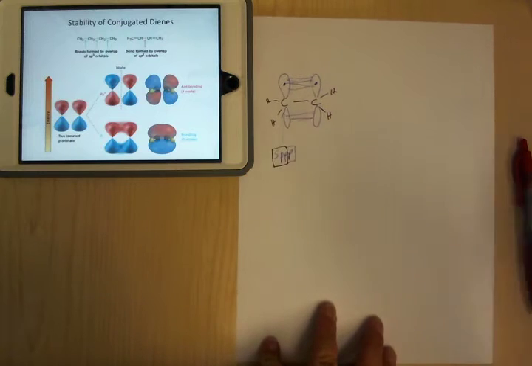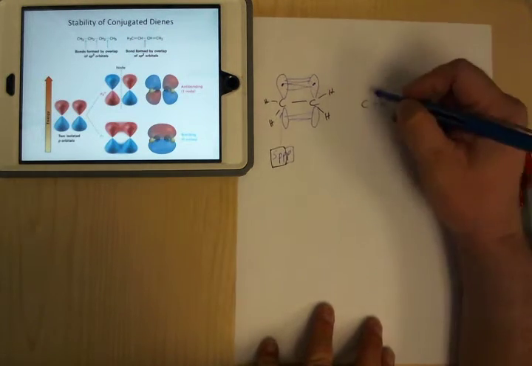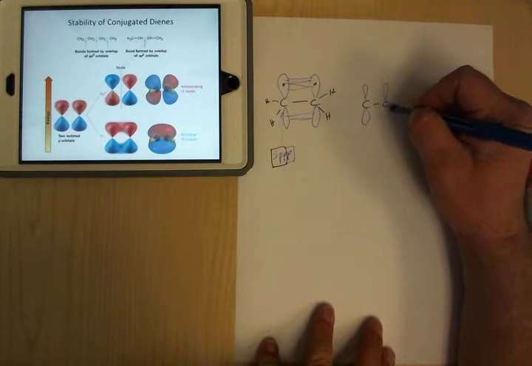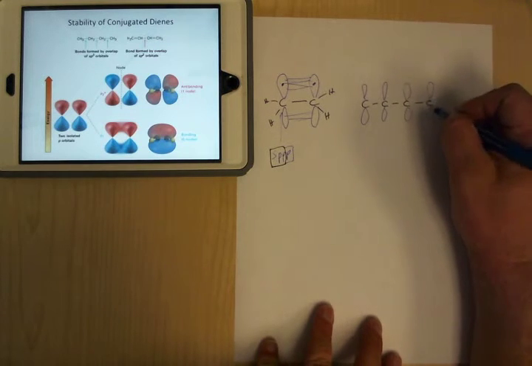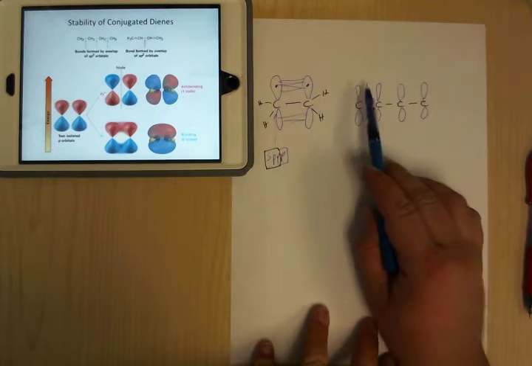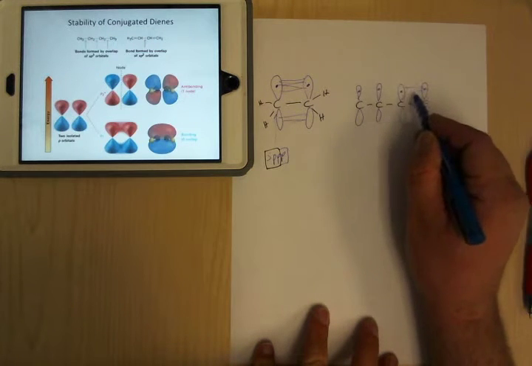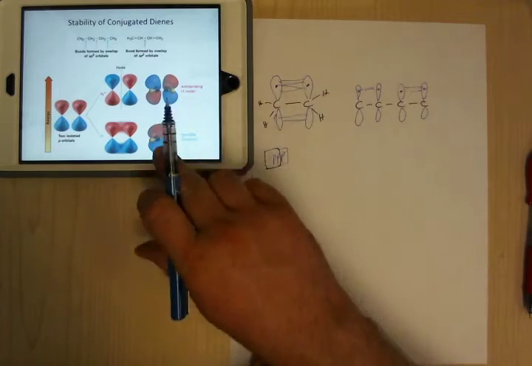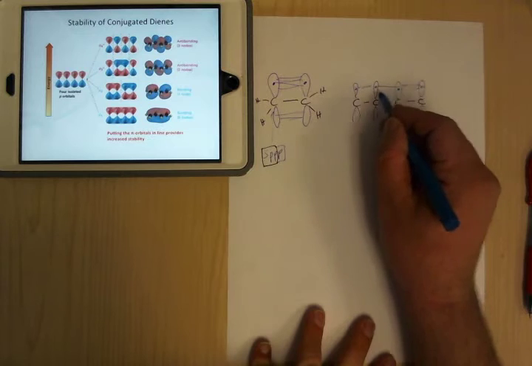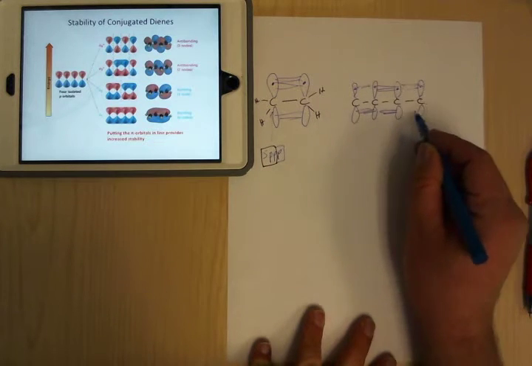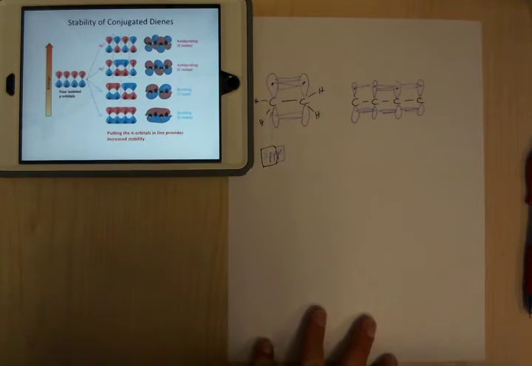If there's a double bond here and here, and then another double bond here and here, notice how there's a nice string of pi orbitals. You get overlap here and here, but the way these pi orbitals are shaped, they can all interact with each other, here, here, and here, so it smears across the carbon chain.